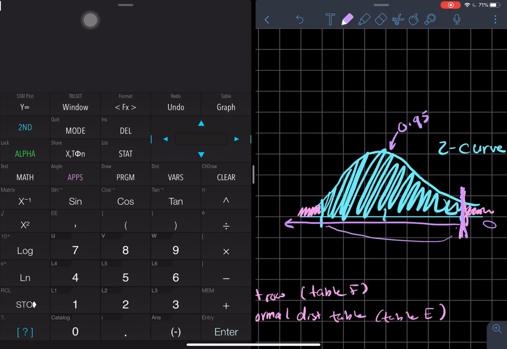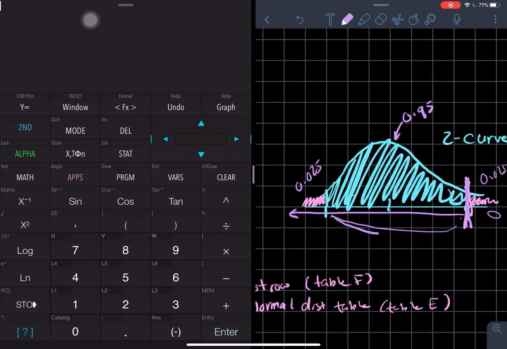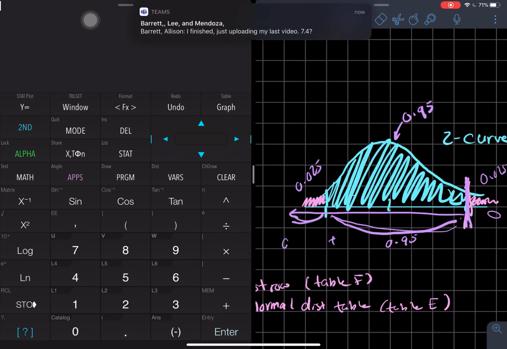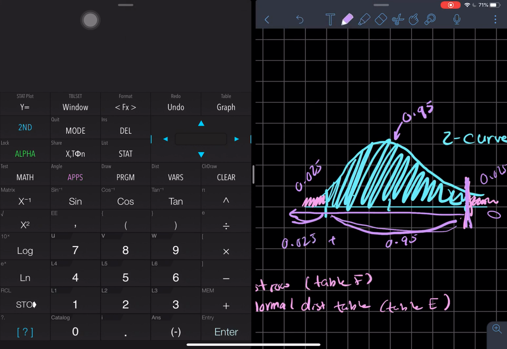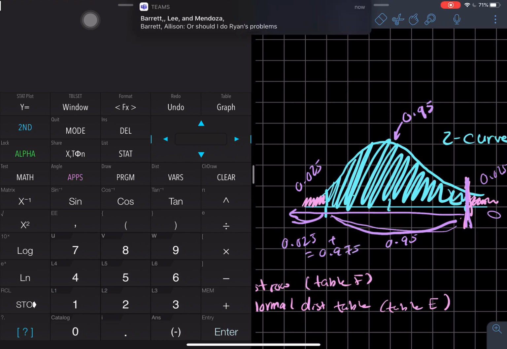I know that this is 0.025 because we just talked about it, and this is 0.025. So this is going to be the 0.95, this big area right here, plus this small area, 0.025, to give me 0.975.